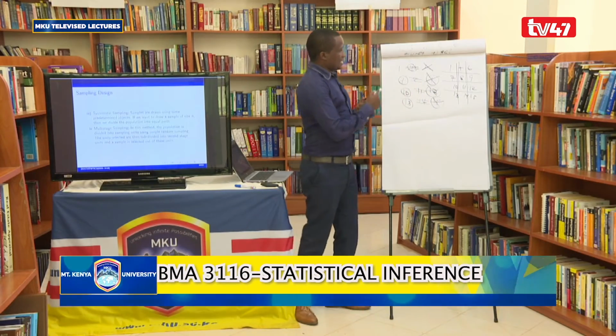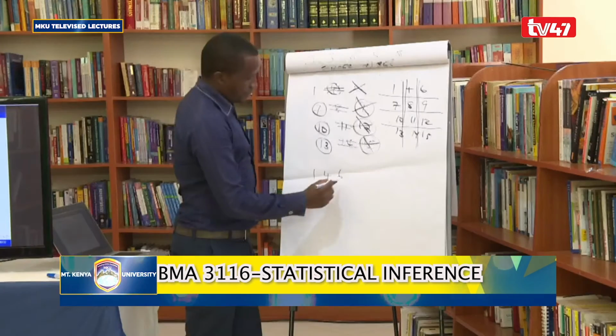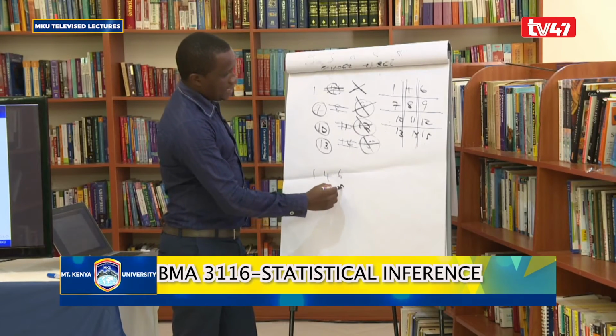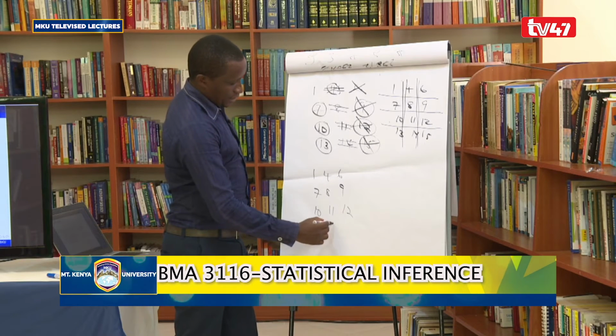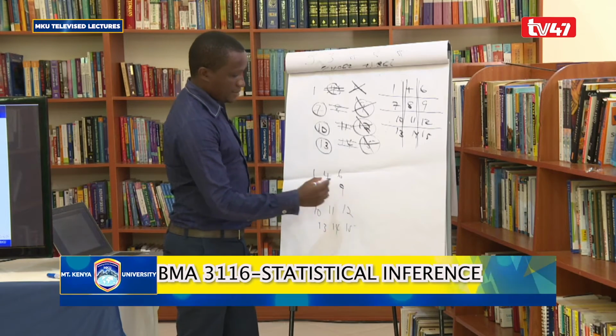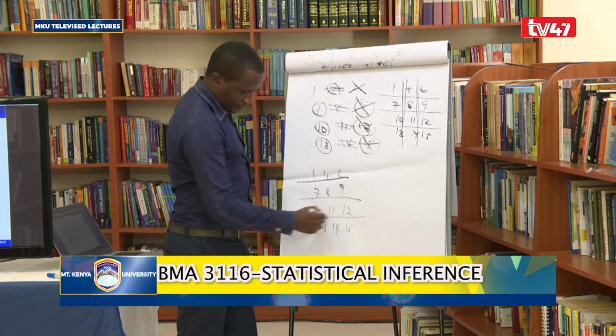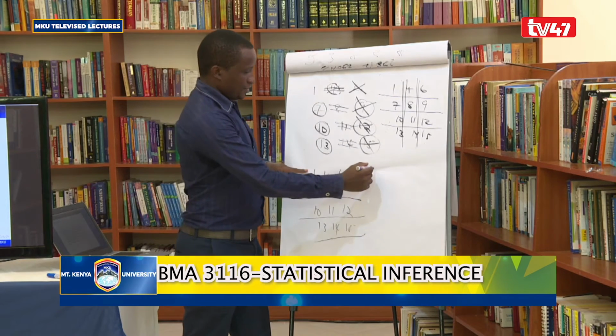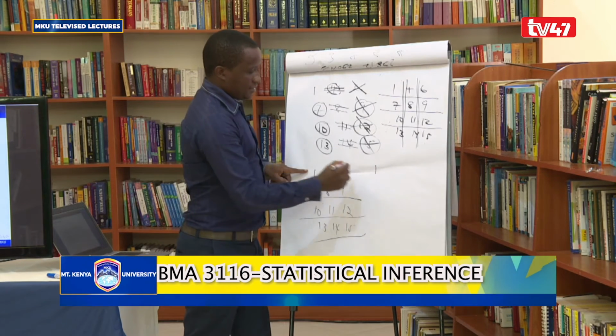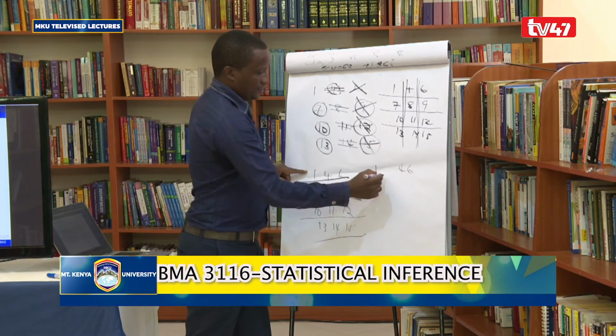For instance, from the same sample, if I have 7, 8, 9, then 10, 11, 12, then 13, 14, 15, first divide. Then from here, I have odd and even.